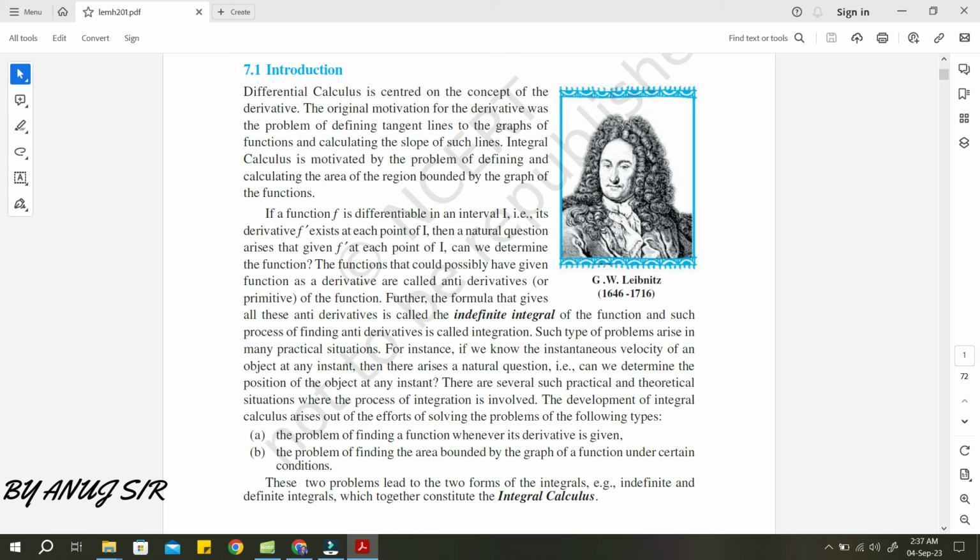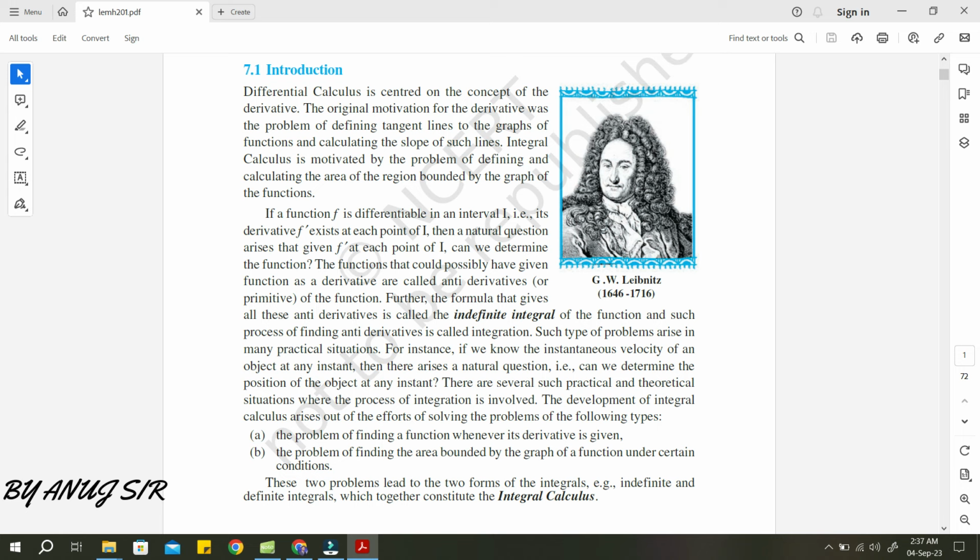Mostly it is used in the fields of engineering and many other technical fields. That is why you need to have a clear vision of calculating integration as well as differentiation.